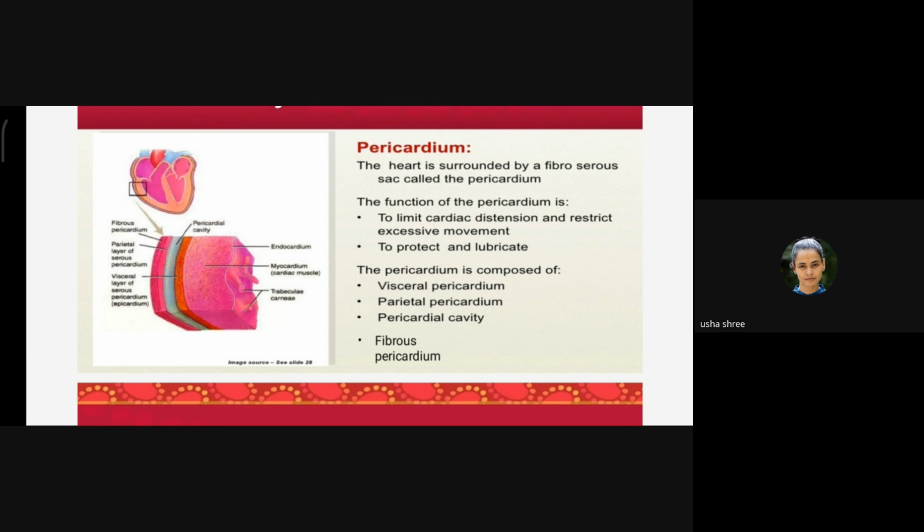Under the epicardium there is myocardium, and finally there's endocardium. Yes. So from fibrous pericardium to epicardium, it is collectively known as pericardium.